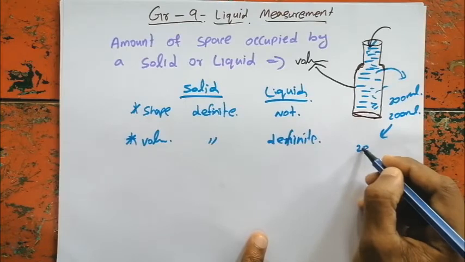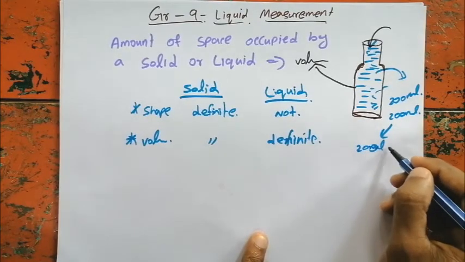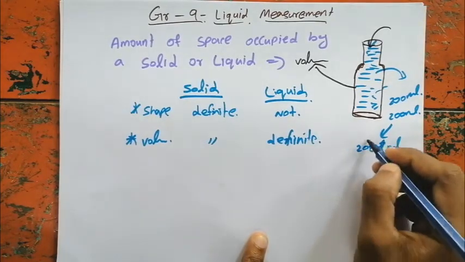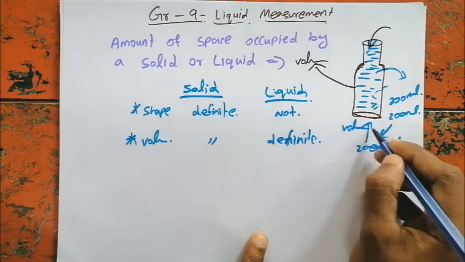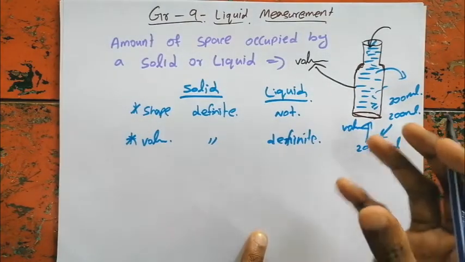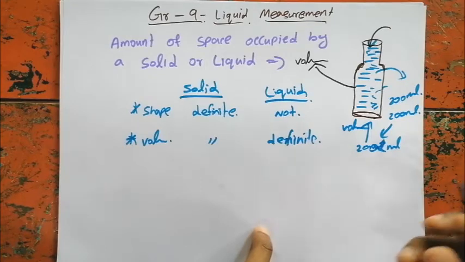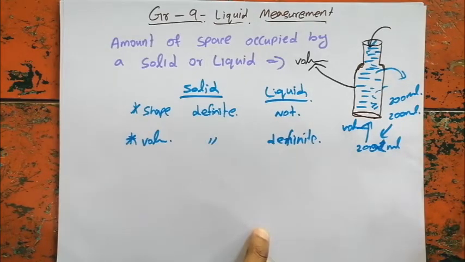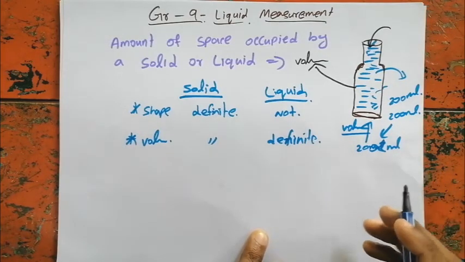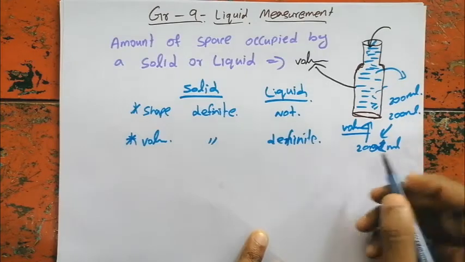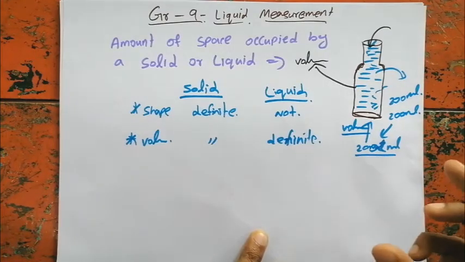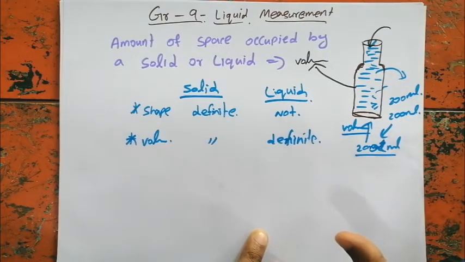So 200 milliliter is the volume of the liquid; we already said 200 milliliter of liquid is poured. So that part is okay. So the volume of the liquid in this container is 200 milliliter. The next point is, with the 200 milliliter of liquid, the container is almost filled.